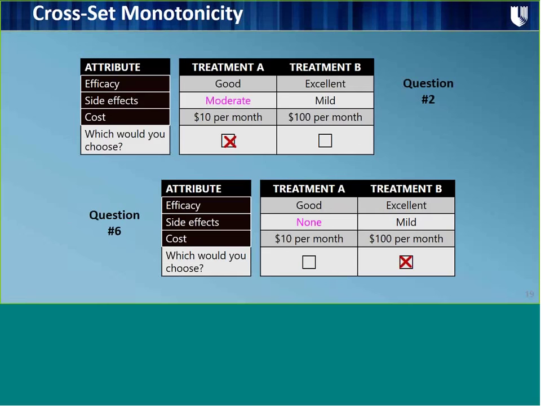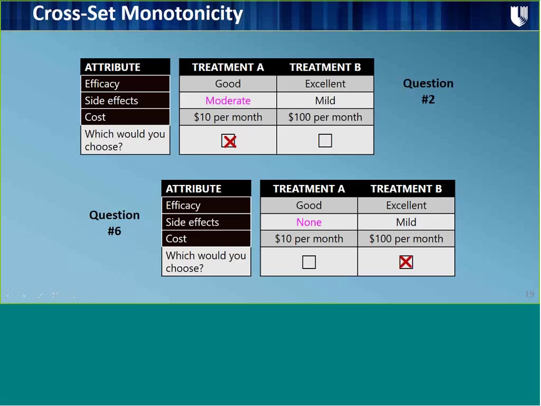Cross-set monotonicity is exactly the same as the bozo test, except it works again in 2 different questions instead of the same question. So let's suppose we've got excellent, mild, and $100, which is treatment B. That appears both in question 2 and in question 6. In treatment A, good is the same and $10 a month is the same, but the difference here is in side effects. In this case, treatment A had moderate side effects.